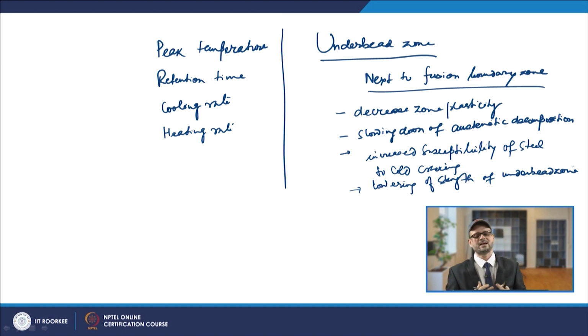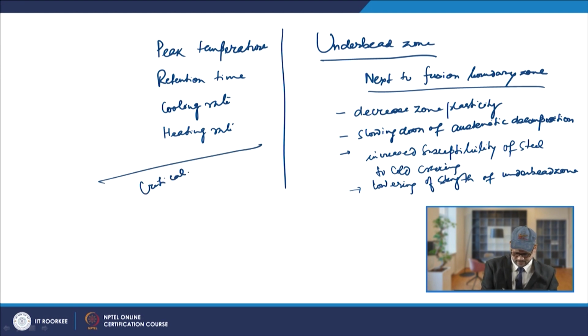Now, as we discussed, the critical temperature of grain growth: we are talking about the zone which is below the fusion boundary zone, next to the fusion boundary zone. It will depend upon how much growth there is, and that depends upon the critical temperature of grain growth.